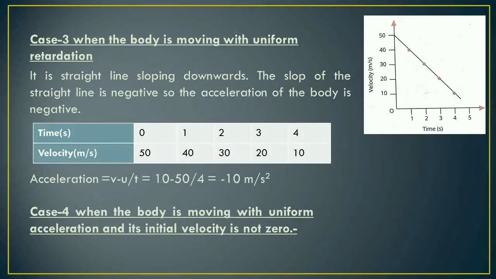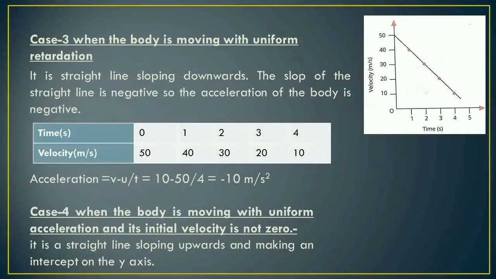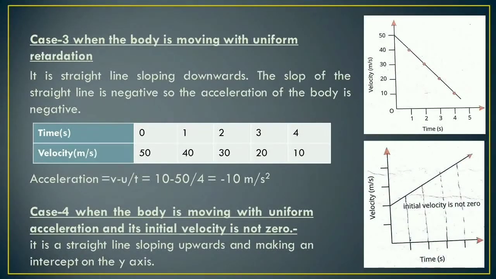So the velocity time graph in this case is a straight line sloping upward, making an intercept on the y-axis. That means it is not on 0, so the body is already moving with some velocity. You can see in this second graph, which shows a body moving with uniform acceleration when its initial velocity is not 0.